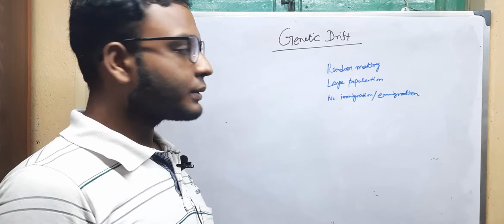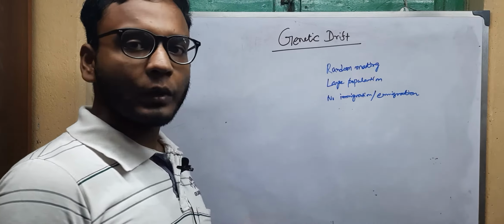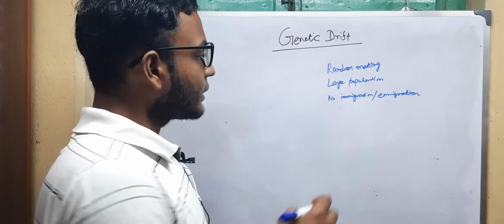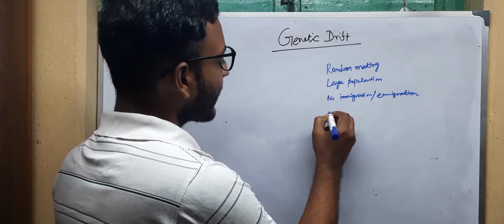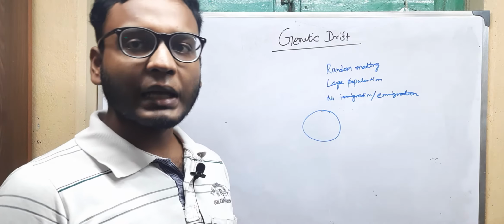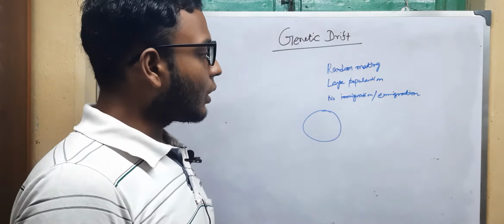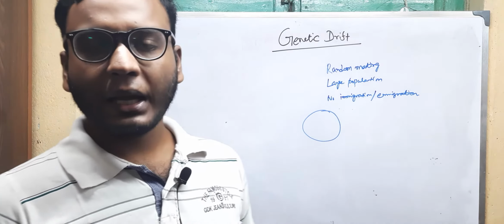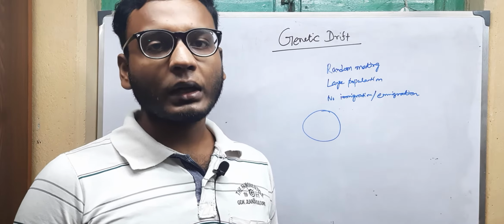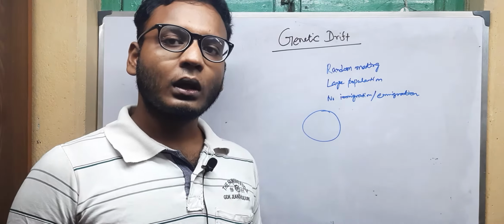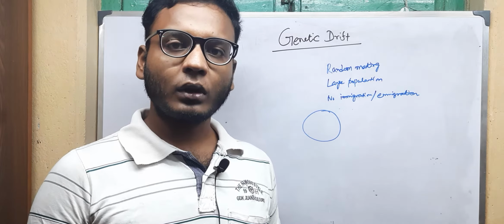So during the study we have also seen that in case of small population, some sudden change in the allele frequencies can lead to a phenomenon known as genetic drift. In a small population, several alleles can be present. We have learned that every trait is governed by two alleles, or in case of multiple alleles, several alleles can be present for a single character.